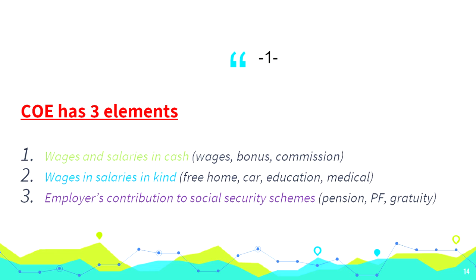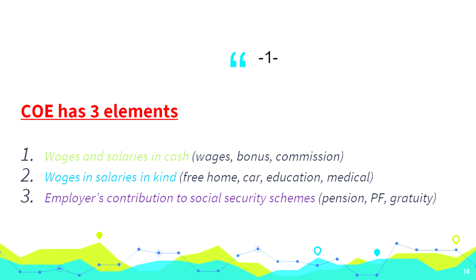When we speak about compensation, here the employer may sometimes give compensation to his employees in the form of monetary benefits or in the form of non-monetary benefits. Now there are 3 subcomponents under this first main component of compensation of employees.